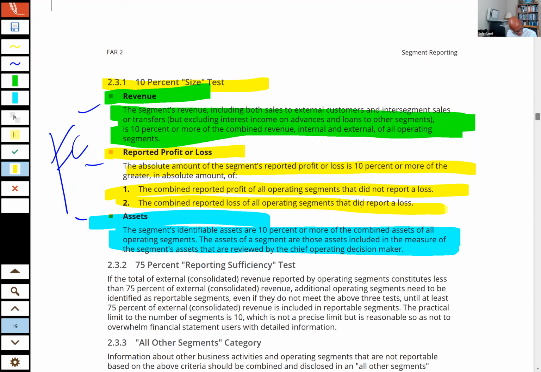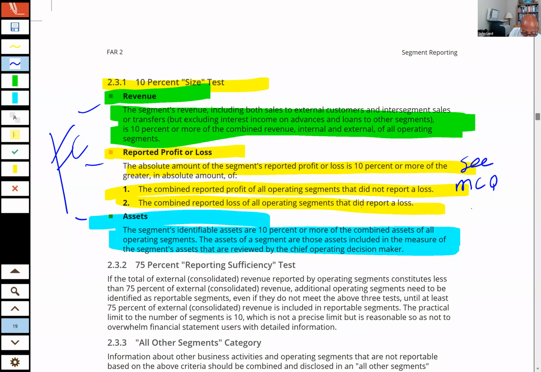By doing that, what produces the larger absolute value amount will determine whether or not we have the reportable segment. Any entity reporting a profit or loss that is greater than that absolute value number would be a reportable segment.